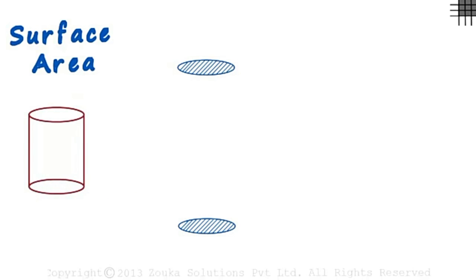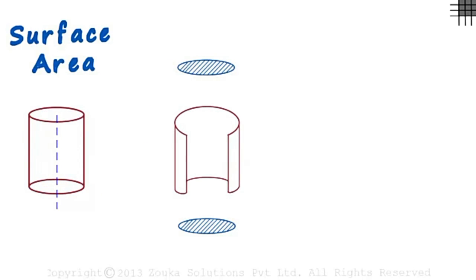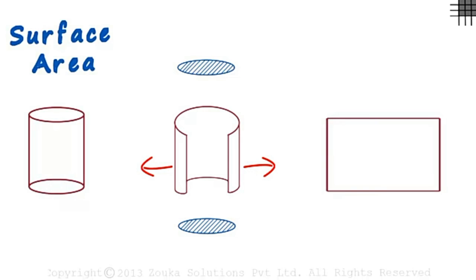Let us divide this cylinder into the top face, the bottom face, and let us cut the middle face. If you cut the cylinder vertically, you get the middle one as a rectangle.